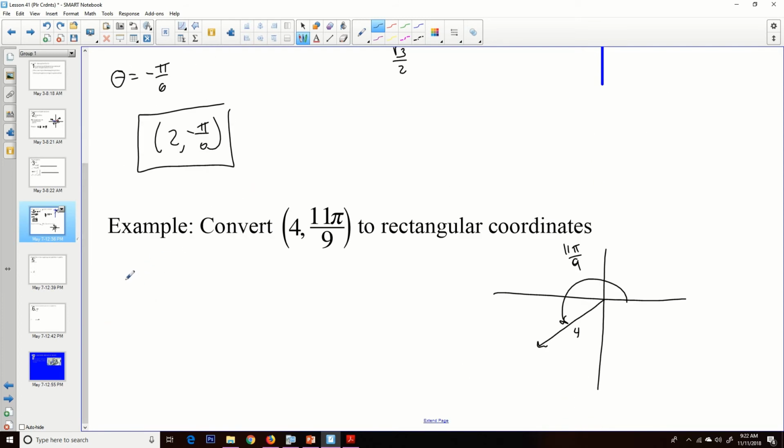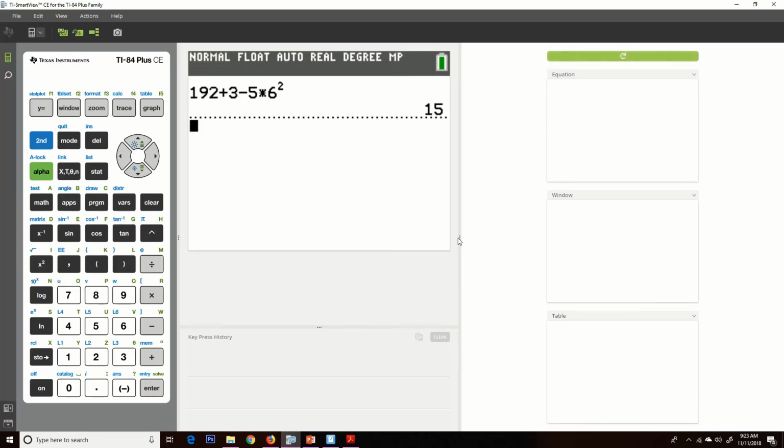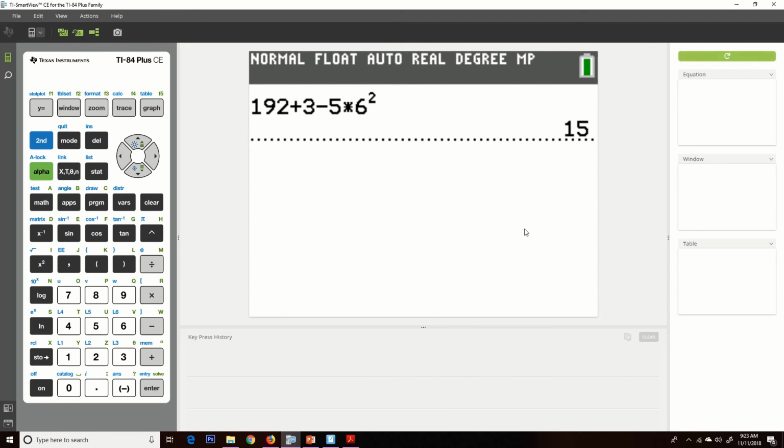And so x is going to be equal to 4 cosine 11 pi over 9, and y will be equal to 4 sine 11 pi over 9. And again, these aren't on the unit circle, so we'll grab our calculator here.